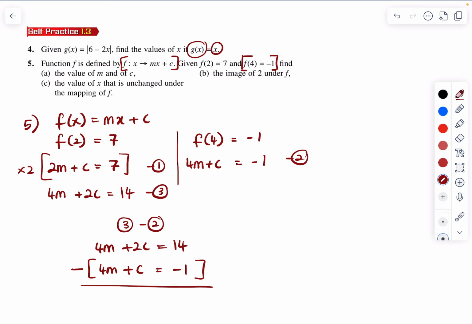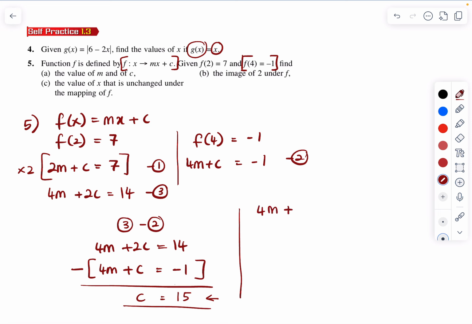Okay, let's solve this. 4m minus 4m will cancel off. 2c minus c is c. 14 minus negative 1 is 15. So we got c is 15. Now you want to find m. You can sub this value into any of the equations. Okay, let's just take equation 2 for example.